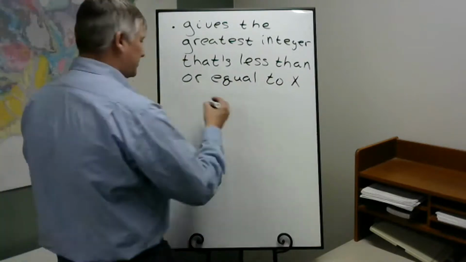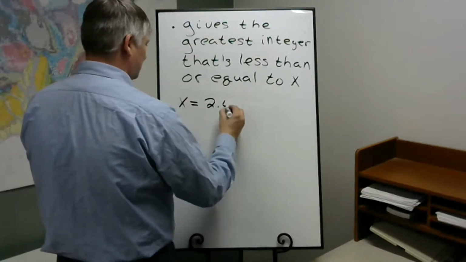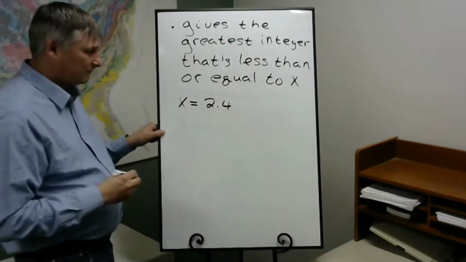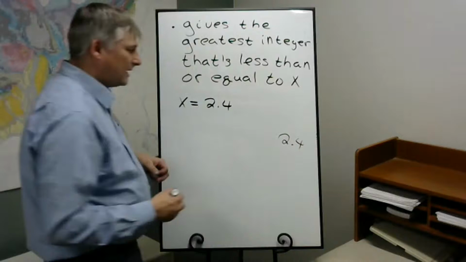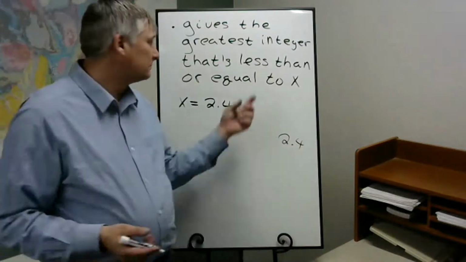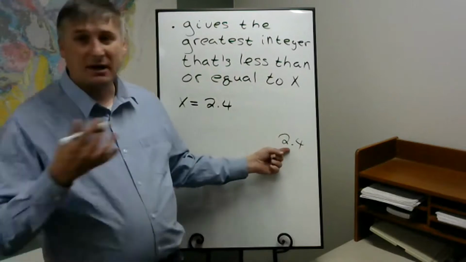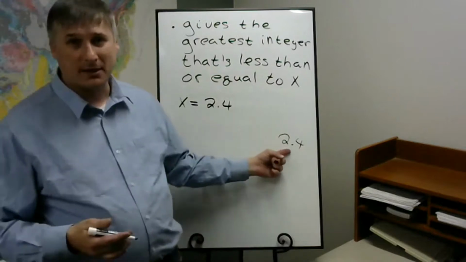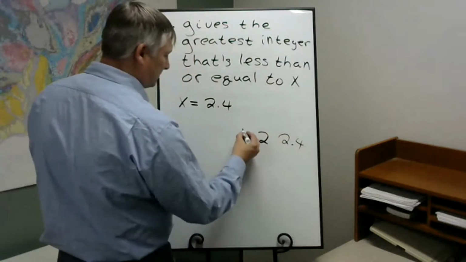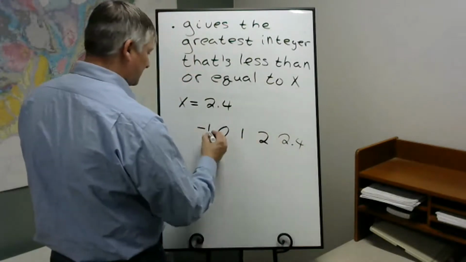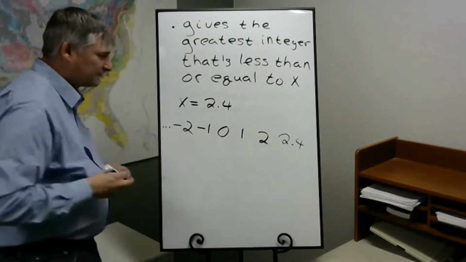So let's say our number is 2.4. Now let's take a look at all the integers that are less than or equal to x. Well, this is not an integer, so there's no integer equal to this. But as we head down the number line, we have all these integers, and they go on and on forever.